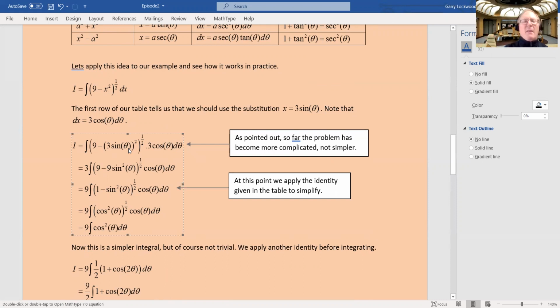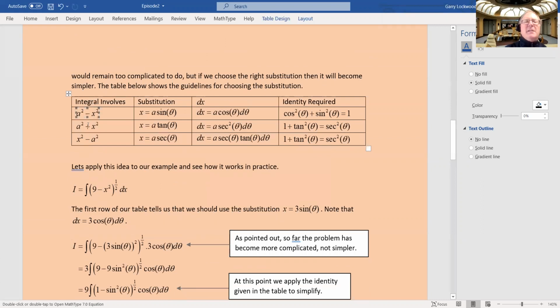Bam! That's much worse. But by very clever use of our trigonometric identities, it becomes a smaller, simpler integral. And the key to that is this table, this list of suggestions for your substitution. You should memorize that. It's not that hard.